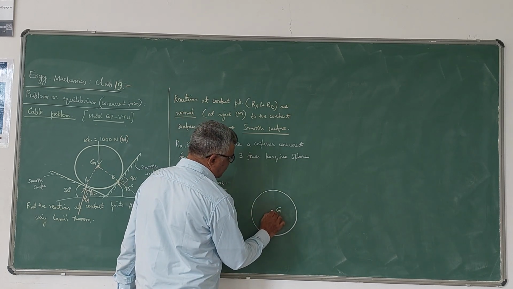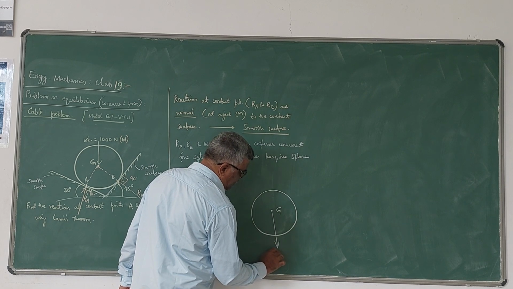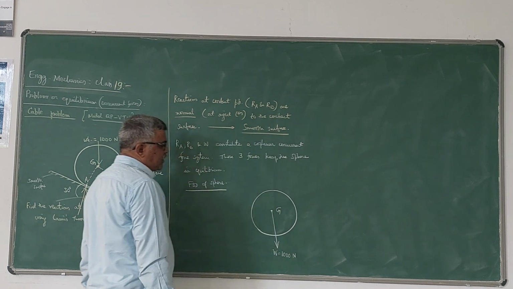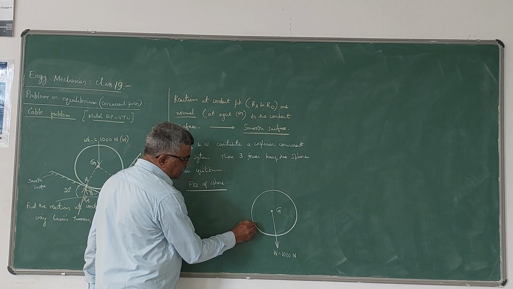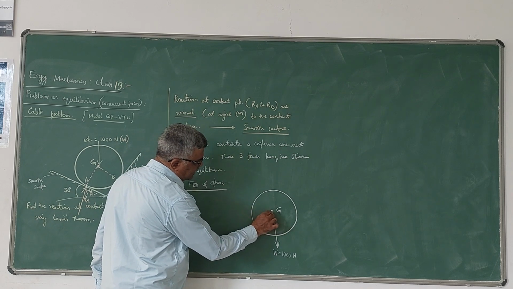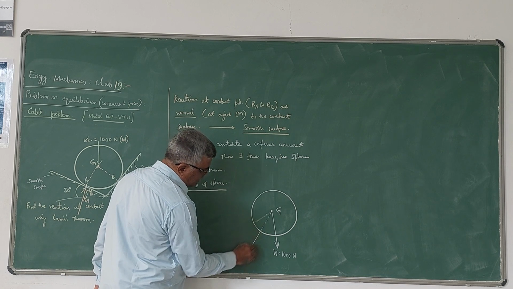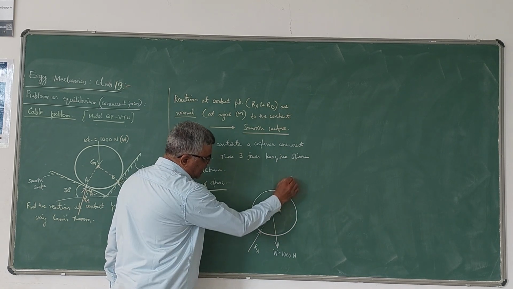You have the weight of the body acting like this, which is 1000 newton, he has given that. Then reaction RA, I can write like this, it is making an angle of 30 degrees. So this is RA, and you can extend this RA like this.